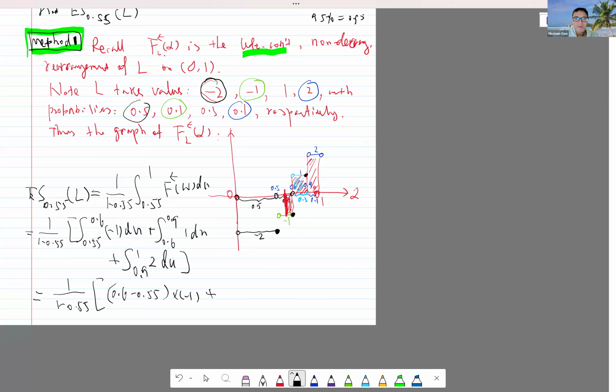The second one is from 0.6 to 0.9, so 0.9 minus 0.6 is the length of the bottom, and the height of the second rectangle is 1. For the last rectangle, the width is 1 minus 0.9, times the height 2. Now you can use a calculator to do this. This is how you calculate the expression.